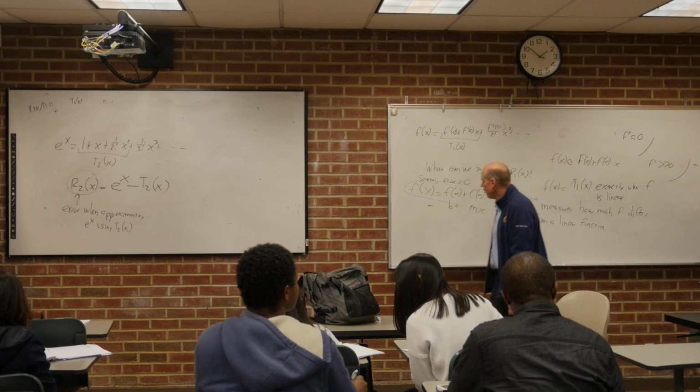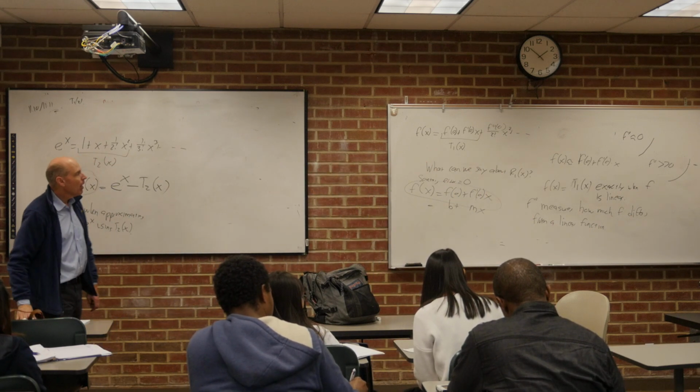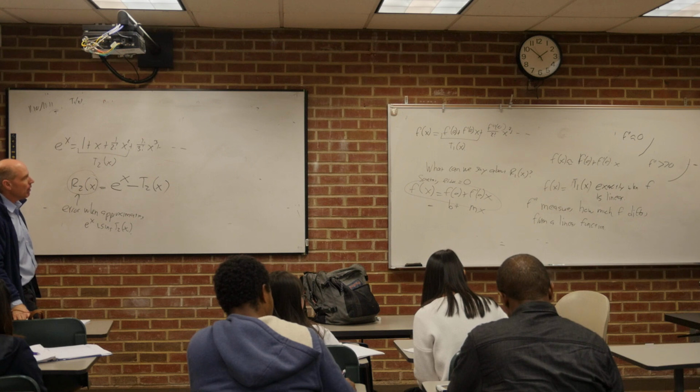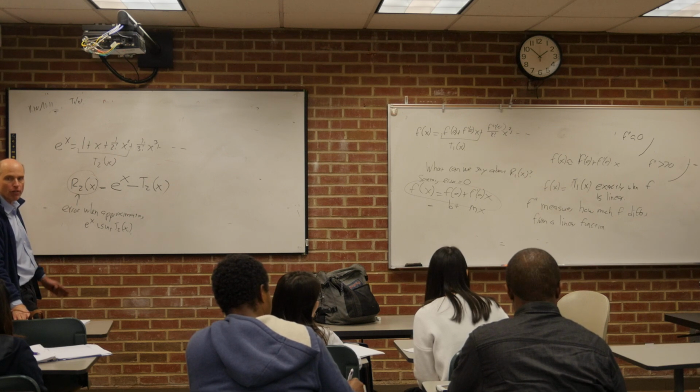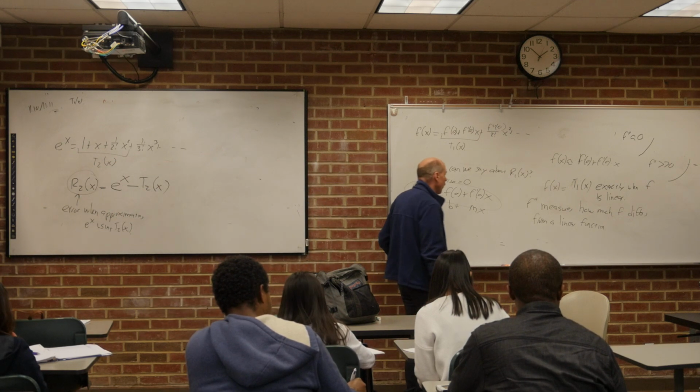So what we're trying to do is say something about the error using the T1 approximation. And one thing it's going to depend on is the value of the second derivative. The bigger the second derivative, the bendier the function, and the less it looks like a linear function.